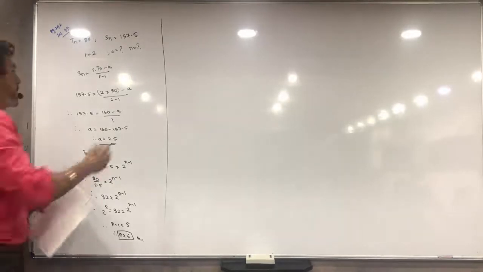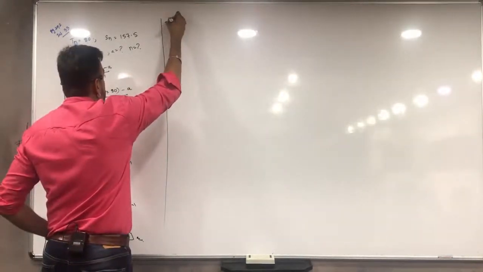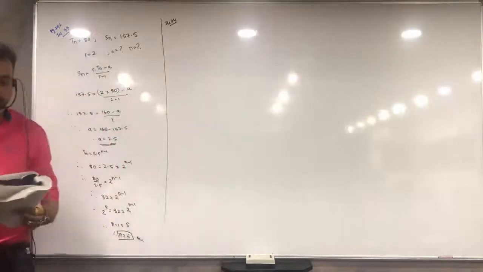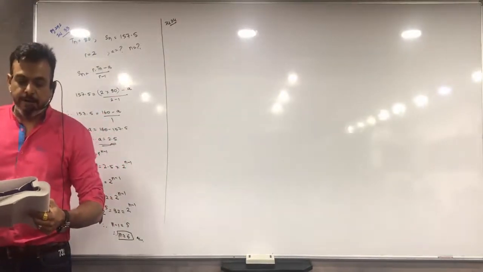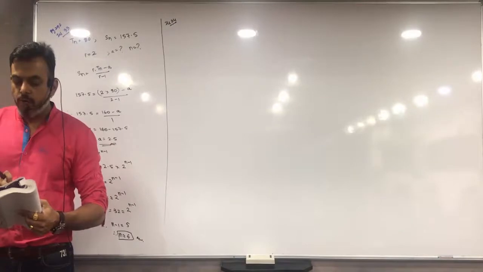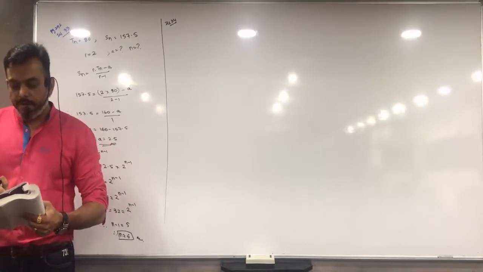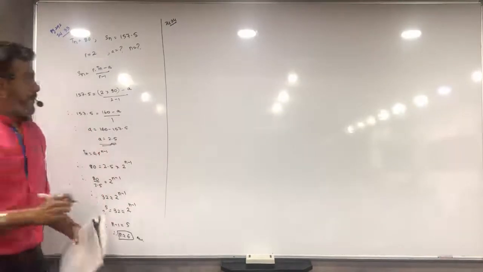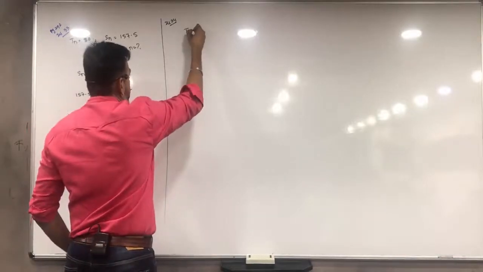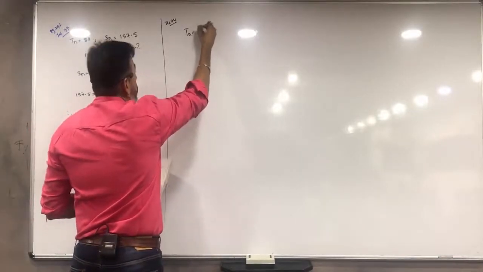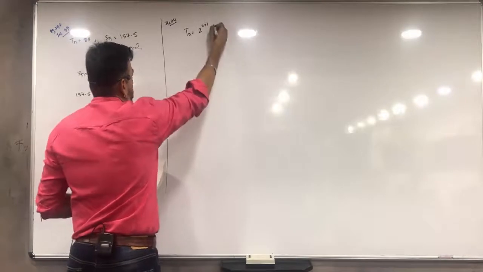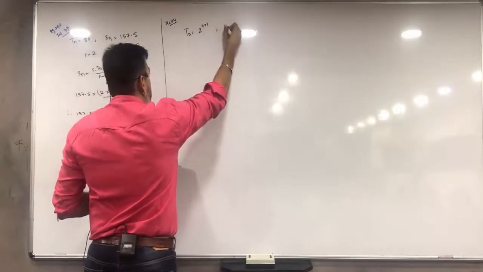Pay attention. Next sum, illustration 34. If for a GP, Tn is equal to 2 raised to n plus 1, obtain S4. So we write Tn is equal to 2 raised to n plus 1. We have to find S4.